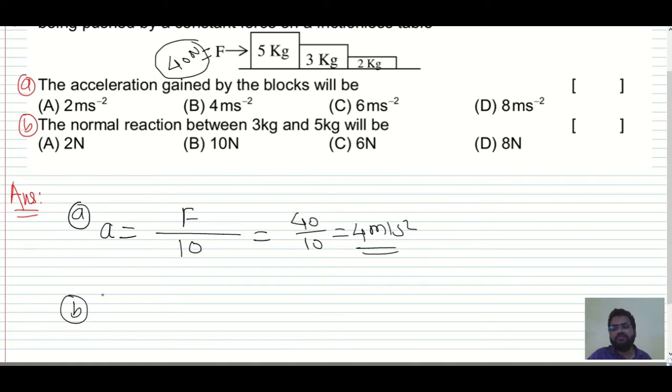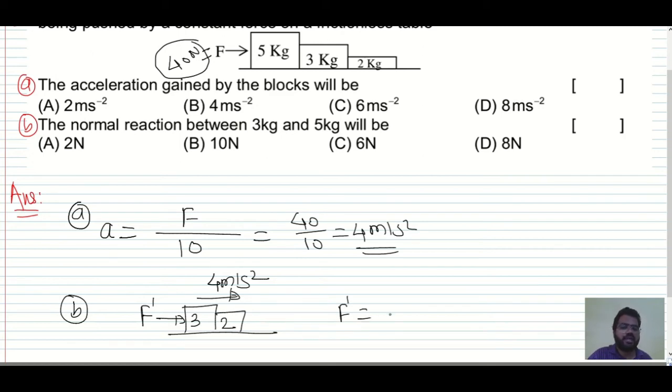Now B, for B we want 3 kg and 5 kg. So between this, we'll consider 3 kg and 2 kg as a system, and on this we want the force F dash. The acceleration we just got is 4 meter per second squared. This is 3 kg given, this is 2 kg given. So force F dash is equal to mass into acceleration. Mass is 5 into acceleration 4, which is equal to 5 fours are 20 Newton, right?